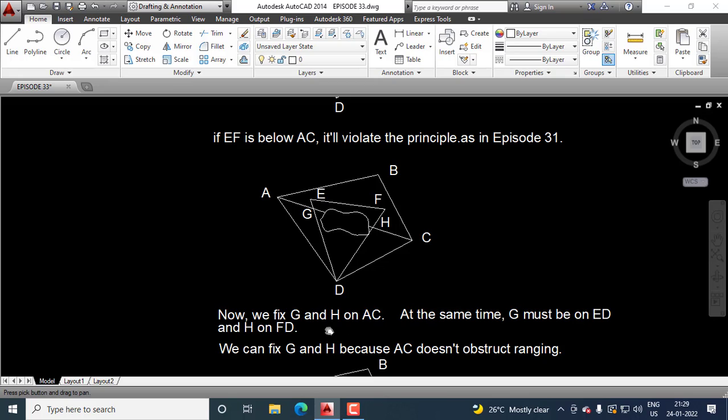Now we fix G and H on AC. We can fix G and H because AC is rangeable.